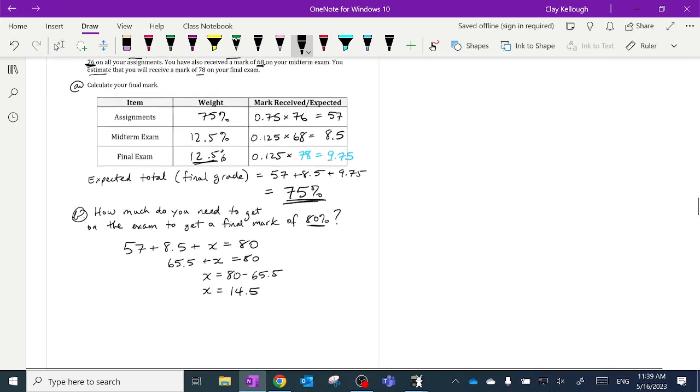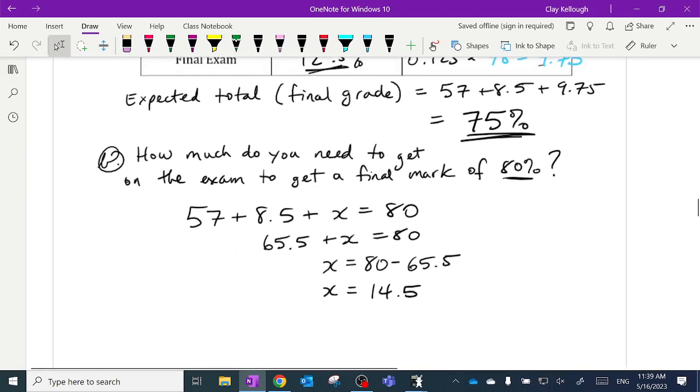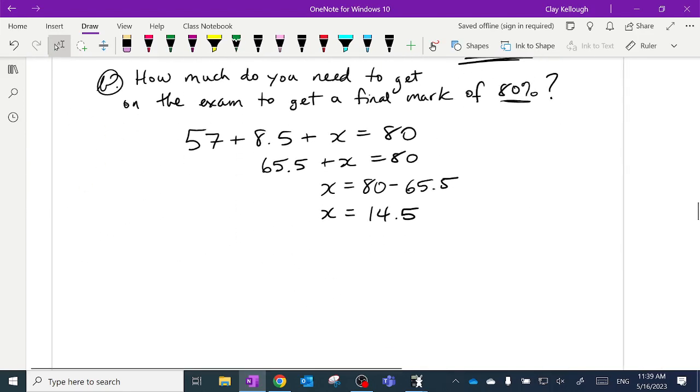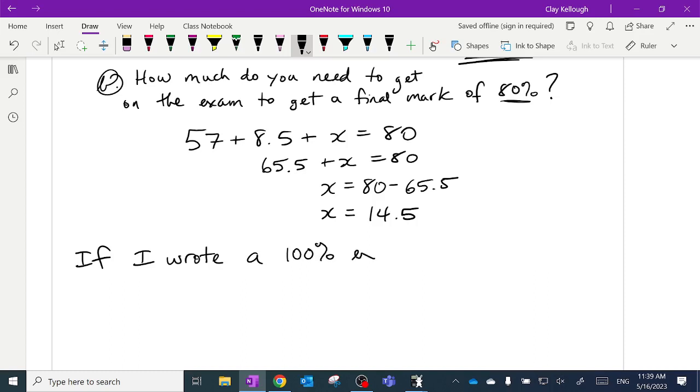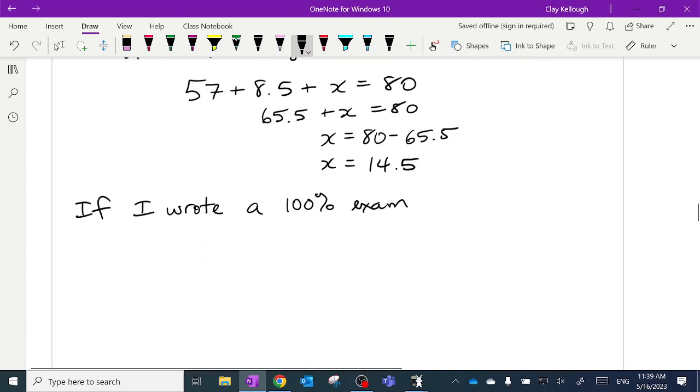What if I had a perfect exam? If I wrote a 100% exam, I would have, well, again, my assignments were 57, my midterm was 8.5, and what is 12.5% of 100?